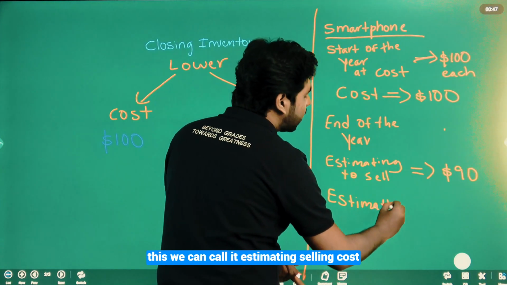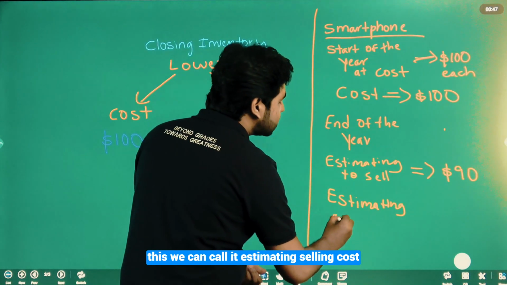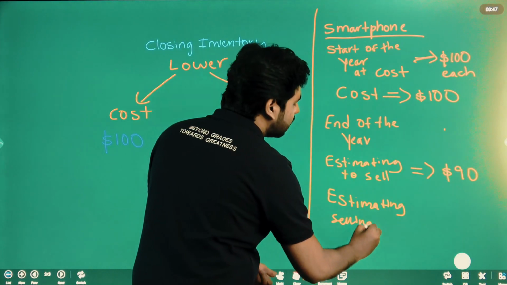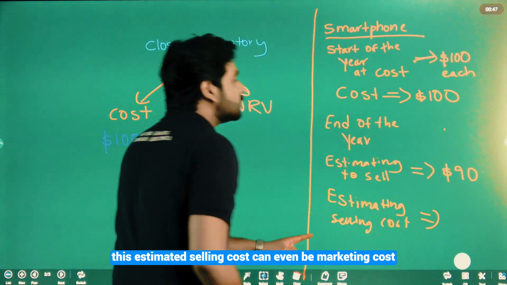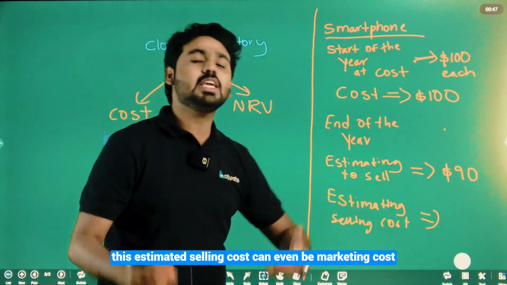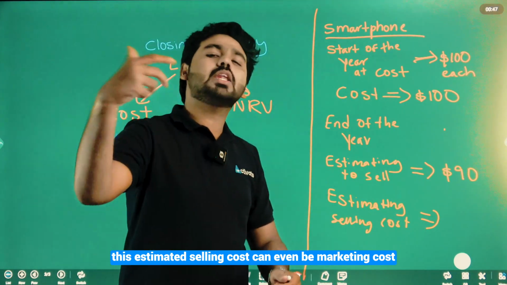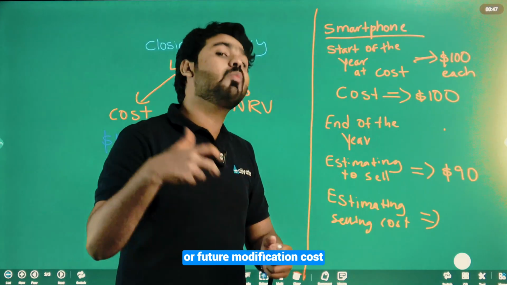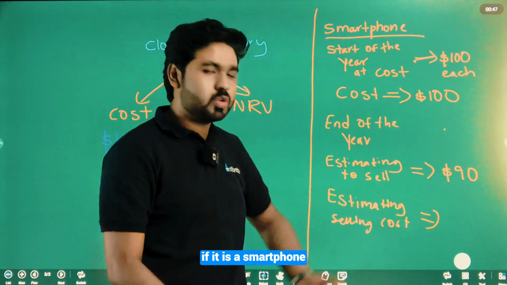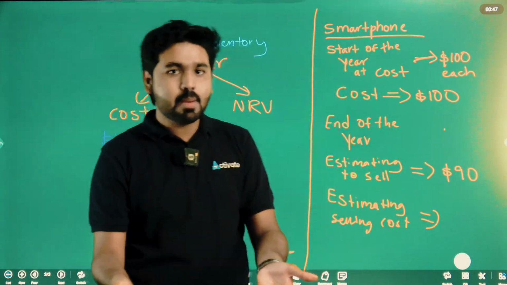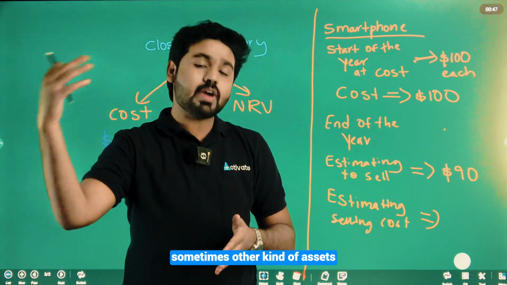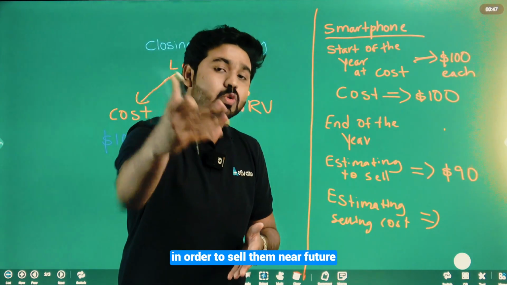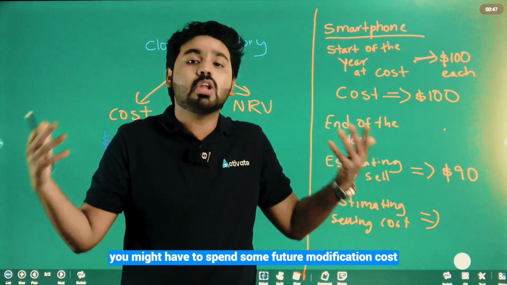And to sell each and every smartphone, you have to incur a cost. This we call the estimated selling cost. Guys, remember, this estimated selling cost can even be marketing cost or future modification cost. If it is a smartphone, you don't need any modification cost. But with other kinds of inventories, in order to sell them in future, you might have to spend some future modification cost.